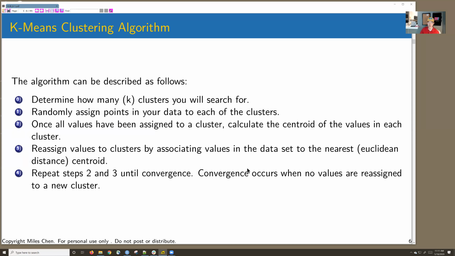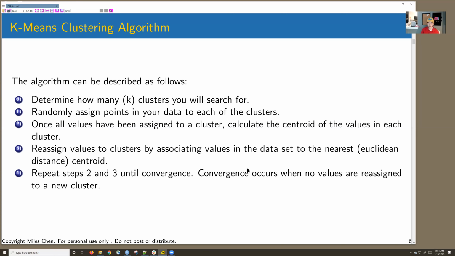We'll talk about some strategies for picking the number of clusters, but this has to be determined beforehand. First step is you take your data and randomly assign the values in your data to one of these clusters k, randomly or arbitrarily.